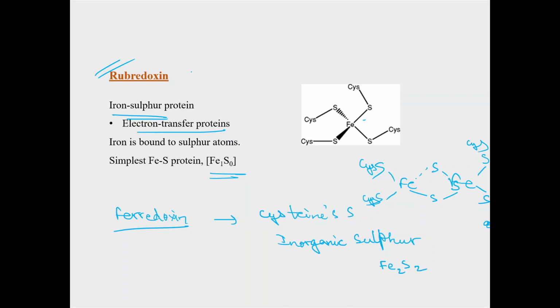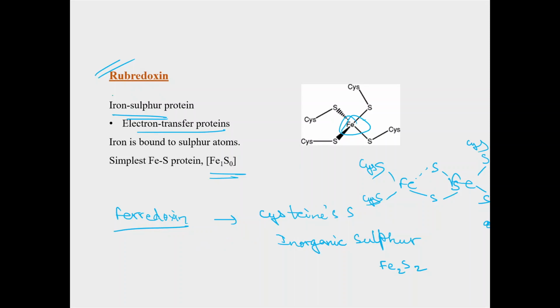But in the case of rubredoxin, no inorganic sulfur is present and only one single iron center is there, which is coordinated to four sulfur atoms from four cysteine moieties. It has a distorted tetrahedral structure. Also, ferredoxin is Fe2S2, and the other two types, Fe3S3 and Fe4S4, are also there.